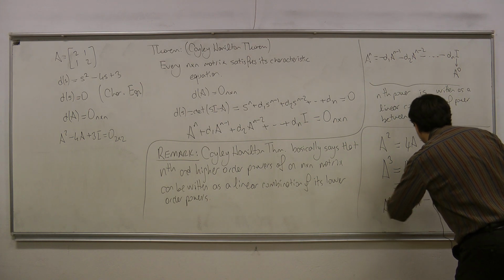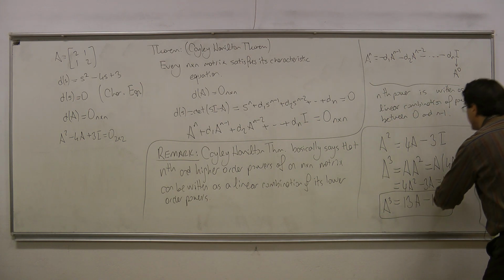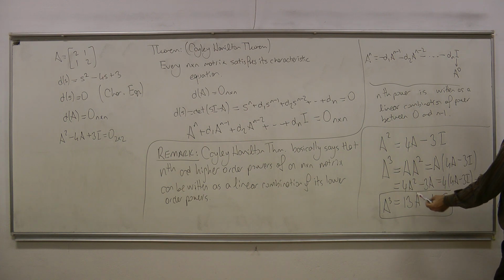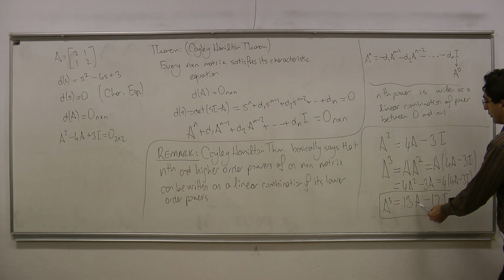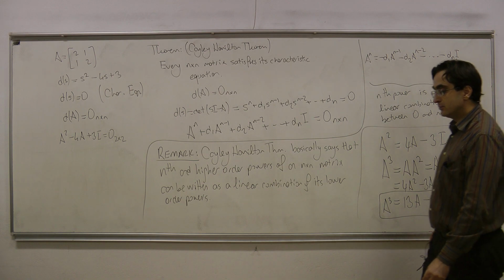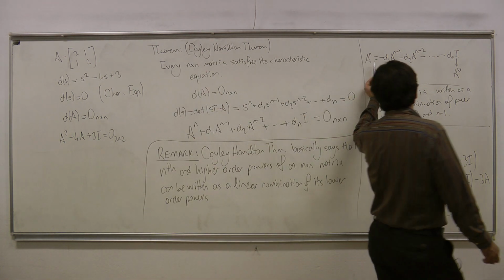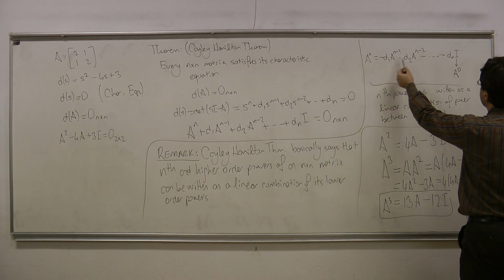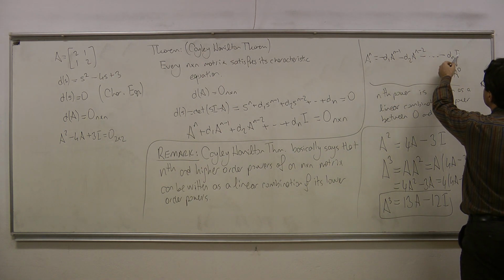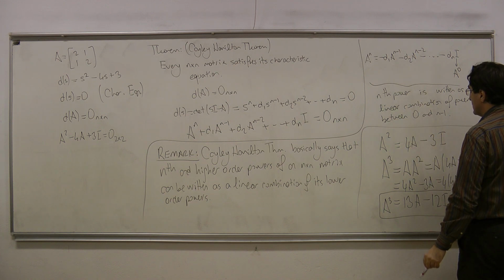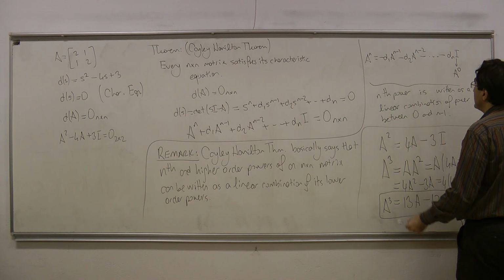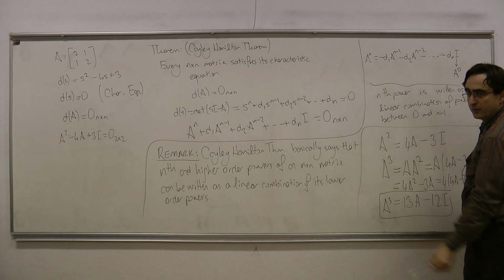So you see that I can write A cube as well in terms of A to the 0 and A to the 1. So this fact, that I can write the nth order power of the matrix as a linear combination of powers from 0 to n minus 1, I can generalize to higher powers.